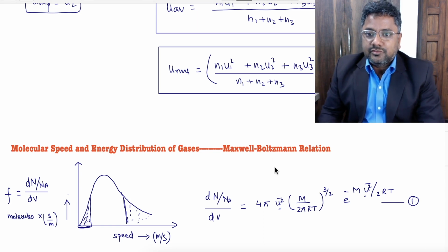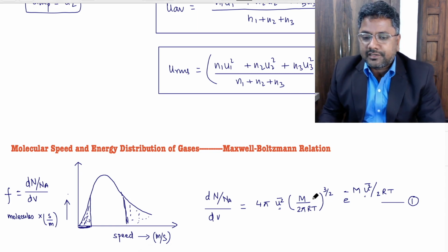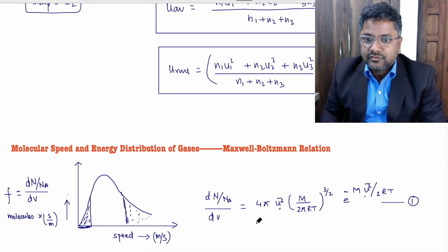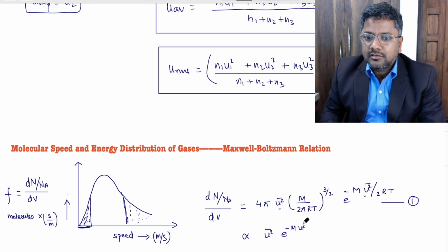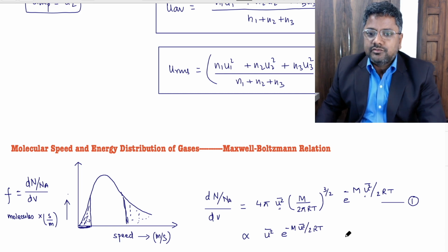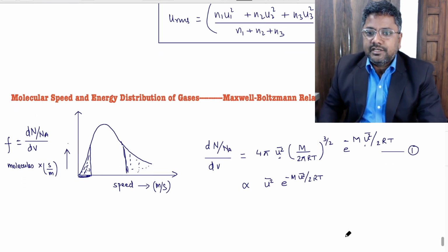All the other factors here are constant, so we can write that it is directly proportional to e to the power minus m by 2RT. So there are two situations here.